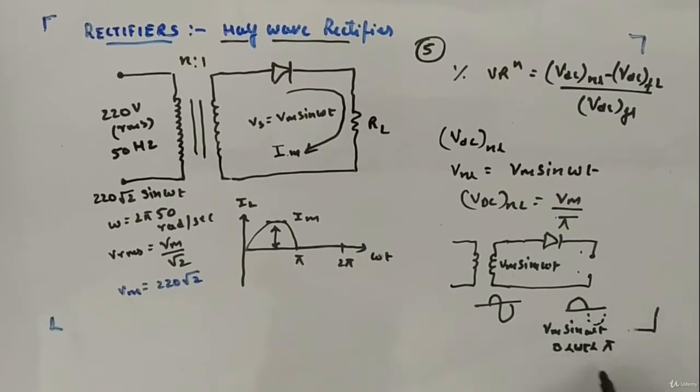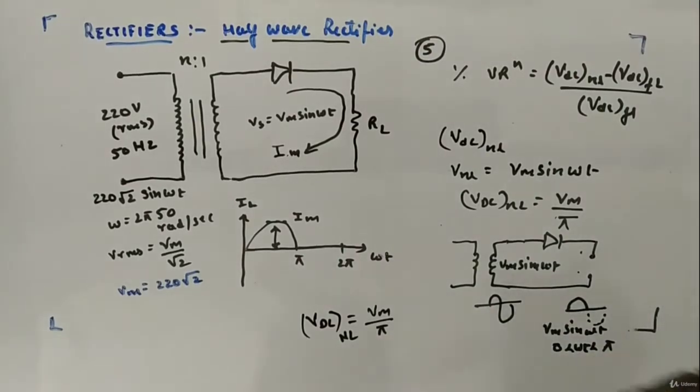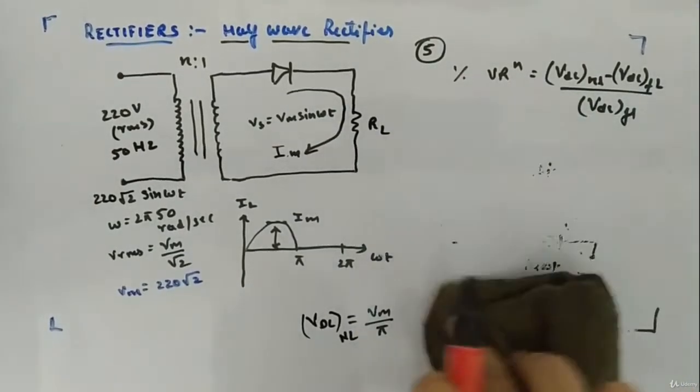For this kind of signal we have seen that the average value is Vm by pi, which is VDC, and I'll write no load because there is no load. So we got this value, VDC no load, which is Vm by pi. Now I will look for the full load value.